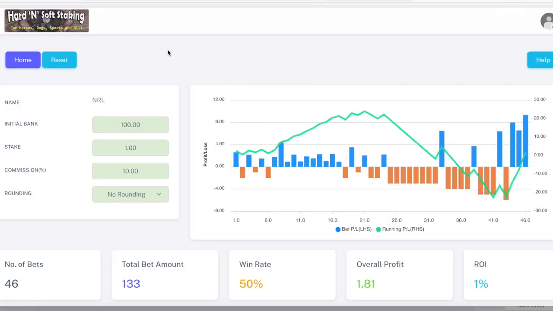Now, if we have a look at some results from that. So this here is the results from the selection criteria that I brought you last year. You can see it went really well in the first half and kind of started to fall off in the second. Did all right towards the end of the season, which helped.